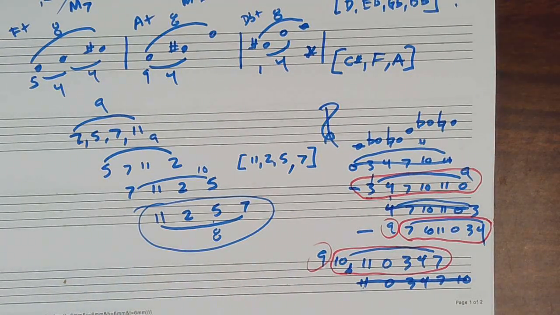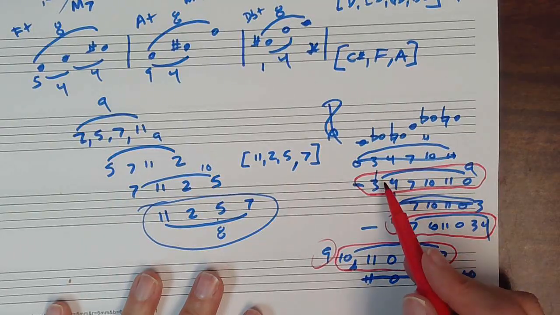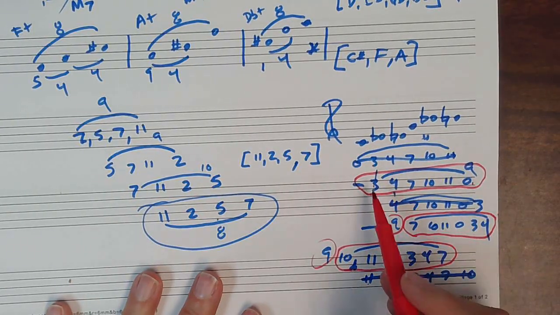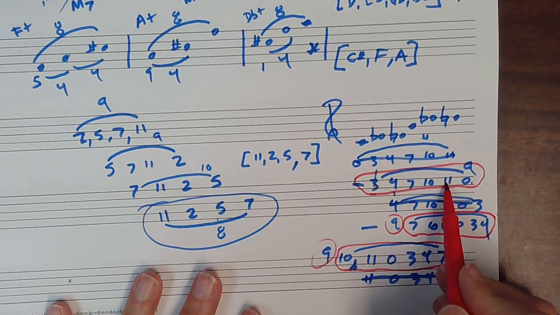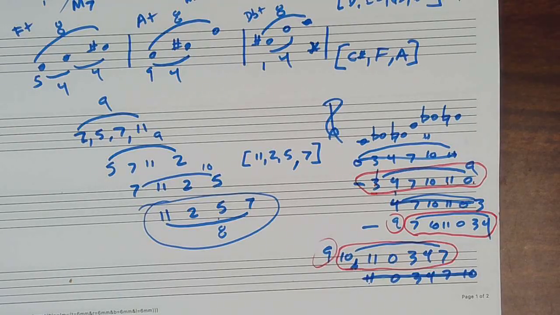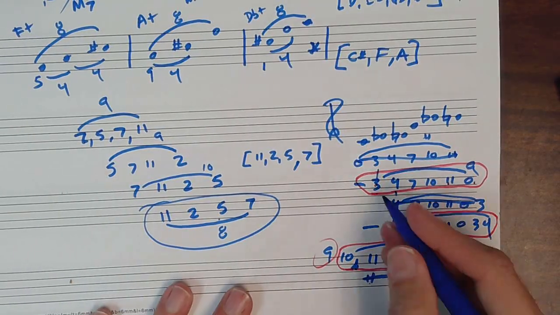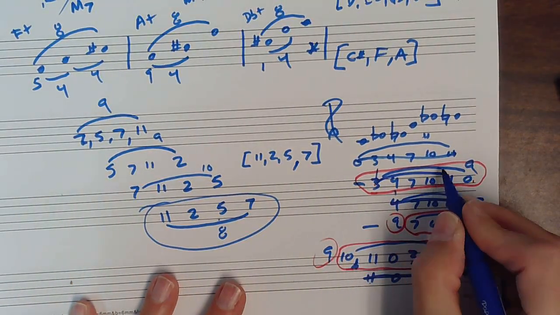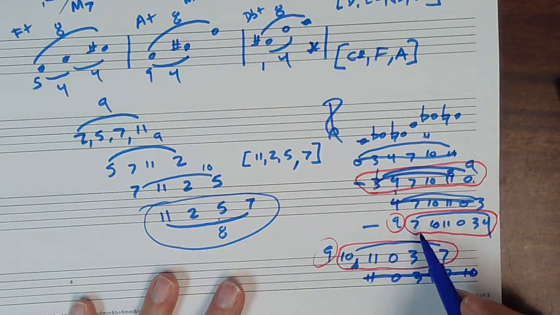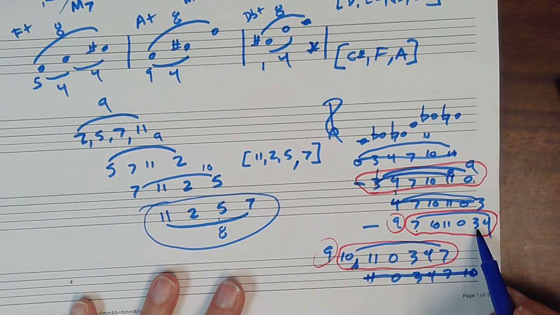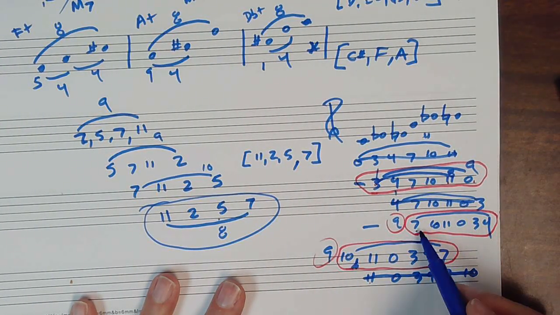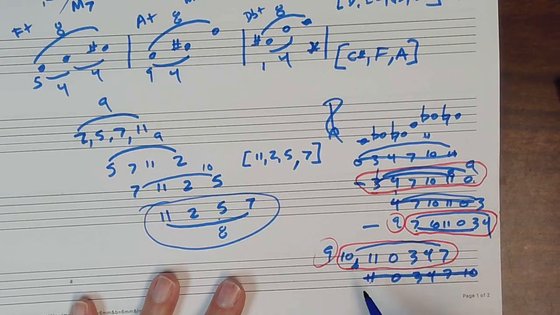Okay, so now we have a three-way tie. So we did from first to last. Now we're gonna do first to second to last. Okay, so 3 to 11 is 8. 7 to 3 is 8. That's a tie.